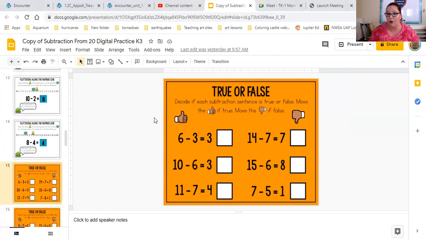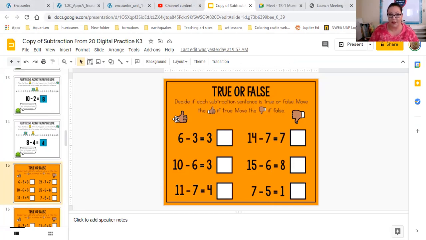If it's true, we're going to move the thumbs up over next to the equation. If it is false, we are going to move the thumbs down next to the equation. All right. First one we have is 6 minus 3 equals 3. Well, 6, and then we count back 5, 4, 3.